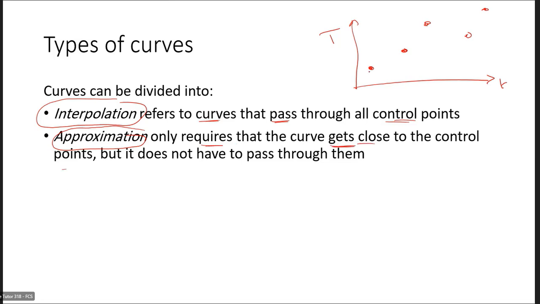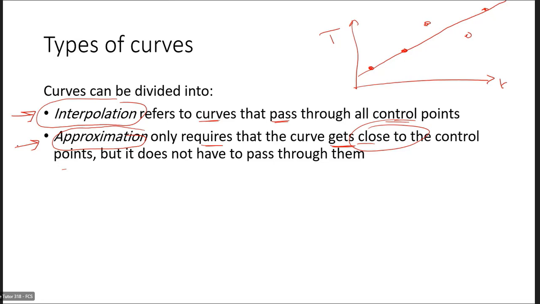So you can make a curve like this. You know that the temperature will be something near to the linear curve, so you can make a linear curve like this. You can see that this curve here is close to the control points. We can make a curve as close as possible to the control points. So we see here two types of curve: the interpolation and the approximation.